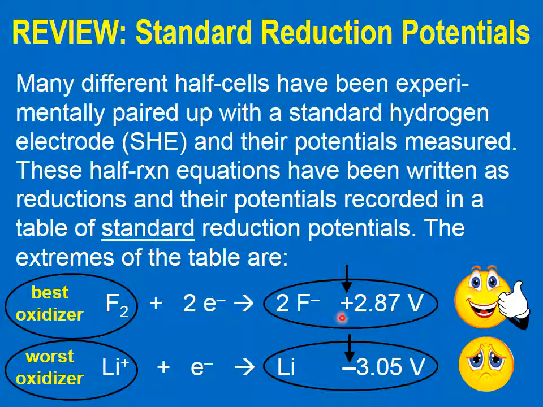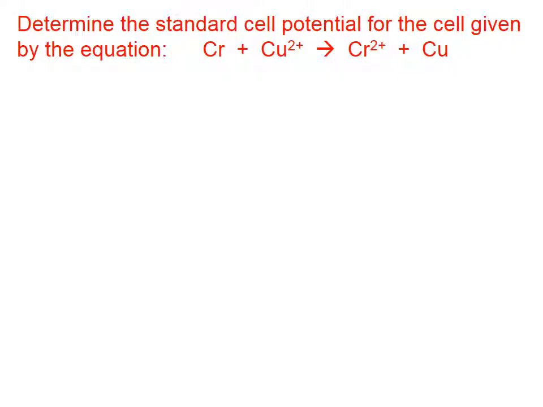In other words, this positive sign here suggests that fluorine would much rather be appearing as fluoride ion than as, on the other side, neutral fluorine. On the other hand, this negative sign in front of the reduction potential suggests that lithium is really not all that thrilled at appearing as neutral. It would much rather be what's on the other side, lithium ion.